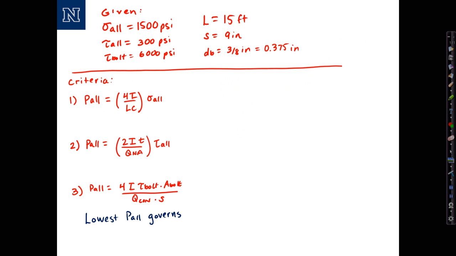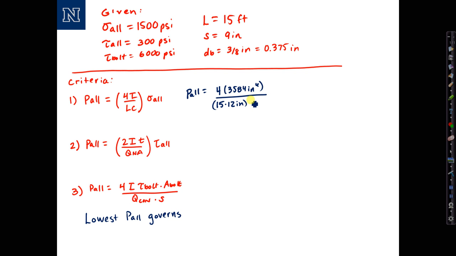So let's return and compute this. P allowable, based on bending, is 4 times the value of I we just computed, 3584 inches to the fourth, divided by the length of the beam, 15 feet, but we'll convert it to inches. So 15 times 12 inches.